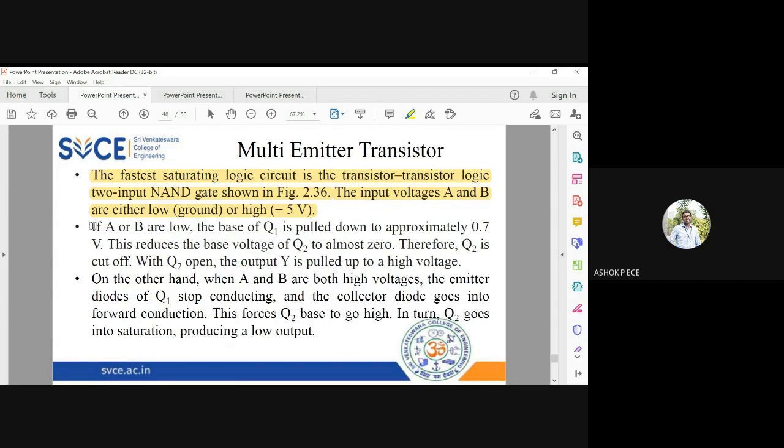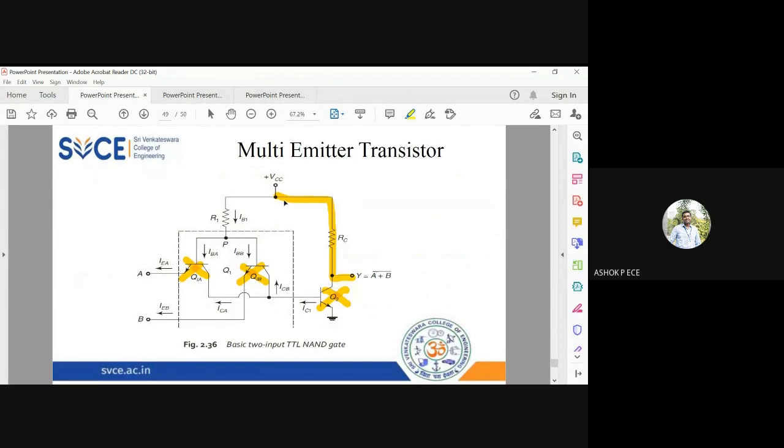See here, if A and B are low, Q1 is pulled down to 0.7. Pull down means it needs 0.7, but it is coming below 0.7, which means it will reduce the base voltage of Q2 to 0. So Q2 is off, and Q2 being off means the output is pulled to a high voltage. Whatever voltage is available at the input, VCC, will appear across the output. So for 0, 0, the output is 1.